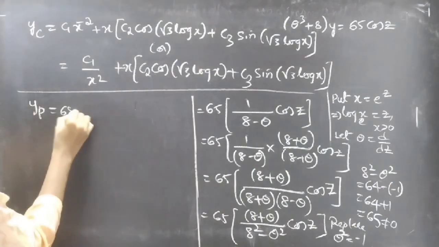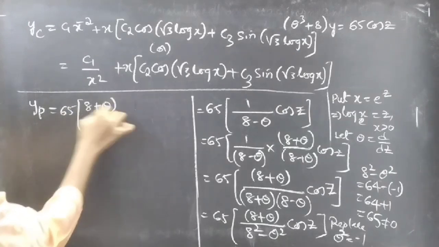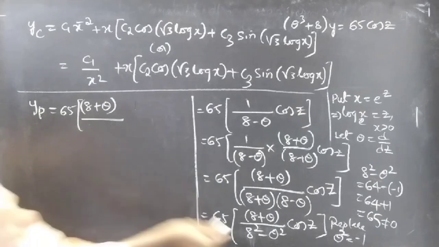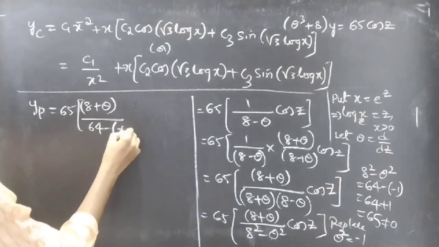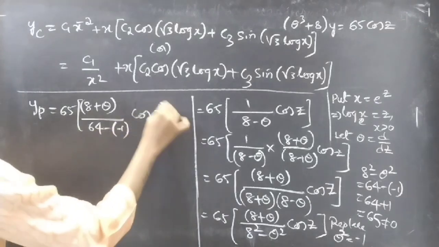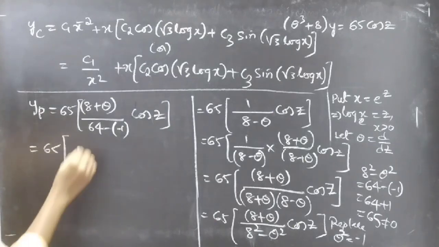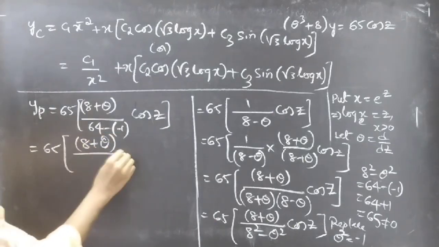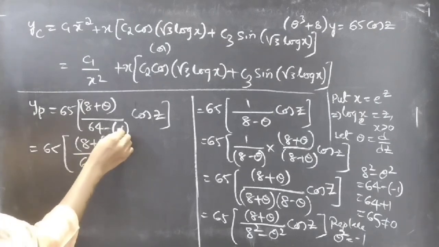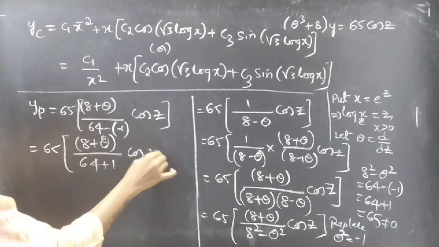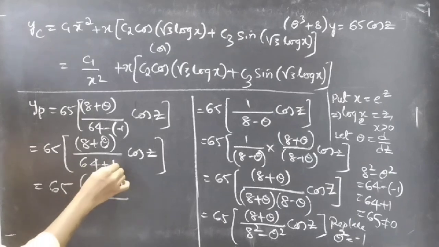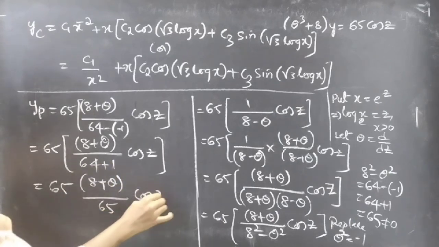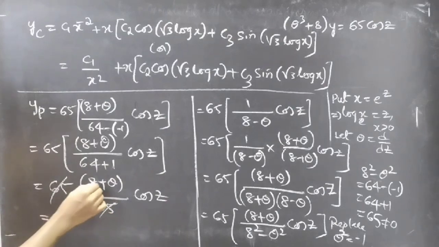yp becomes 65 into 8 plus theta by 8 square, which is 64, minus of theta square replaced by minus 1, into cos z, which equals 65 into 8 plus theta by 64 plus 1, which is 65, into cos z. Here 65 gets cancelled, and this equals 8 plus theta into cos z.